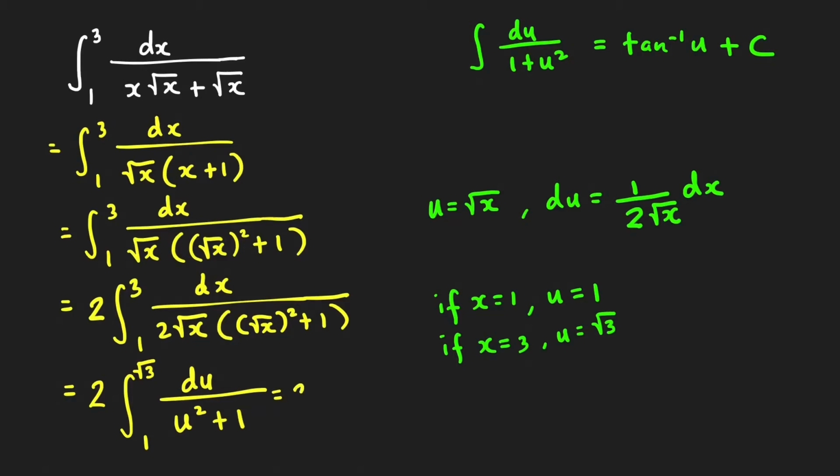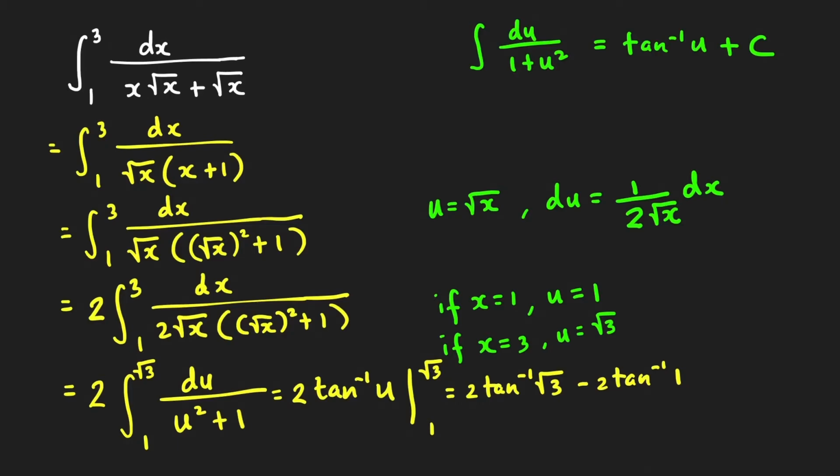This is equal to 2 tangent inverse of u, evaluated from 1 to square root of 3, which is equal to 2 tangent inverse of square root of 3 minus 2 tangent inverse of 1.